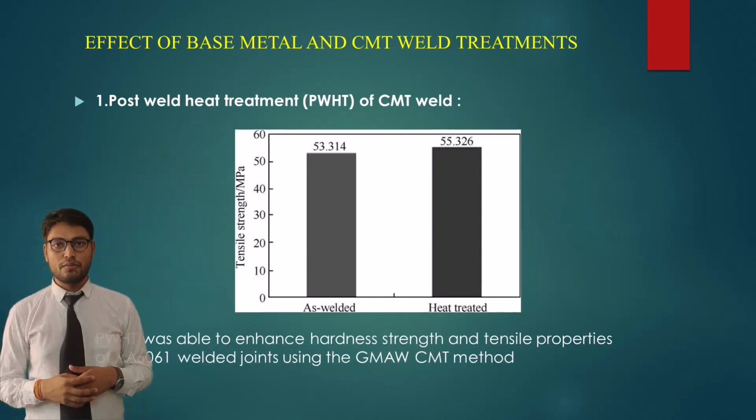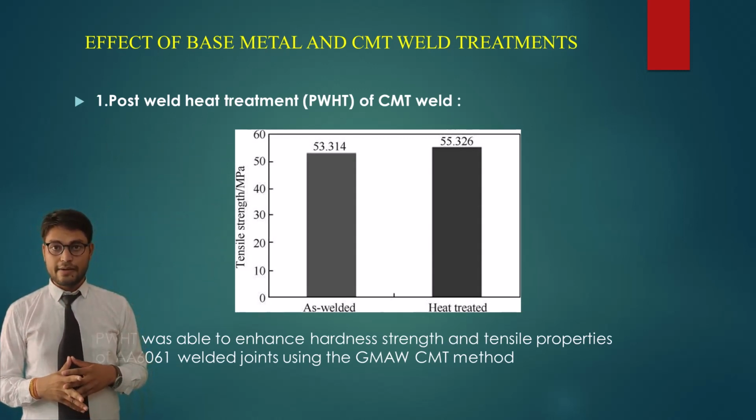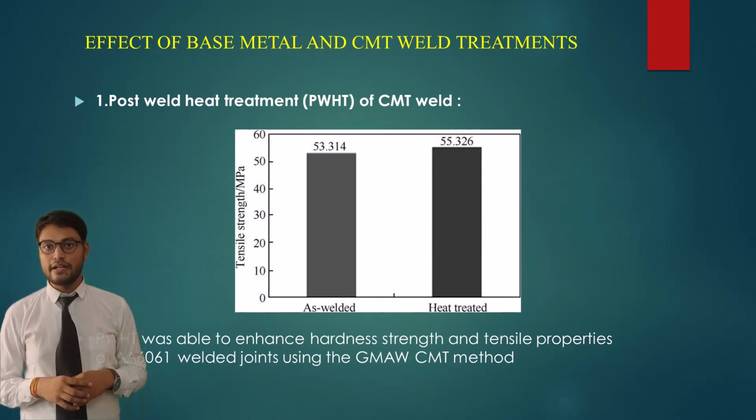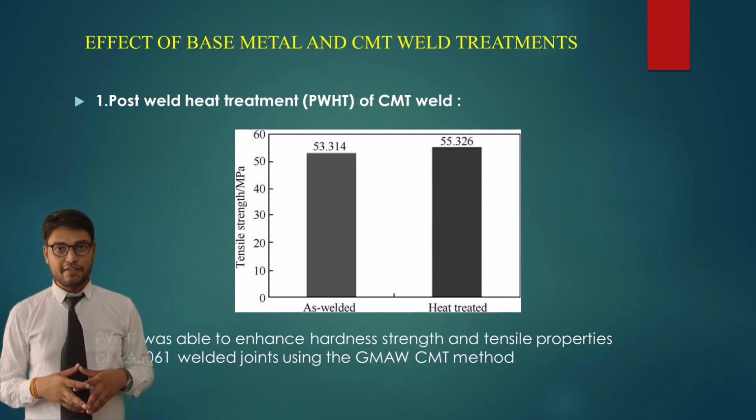So now moving to the next slide, we will discuss the effect of base metal and CMT weld treatments. There are two major effects. One is post weld heat treatment, abbreviated PWHT, of the CMT weld.